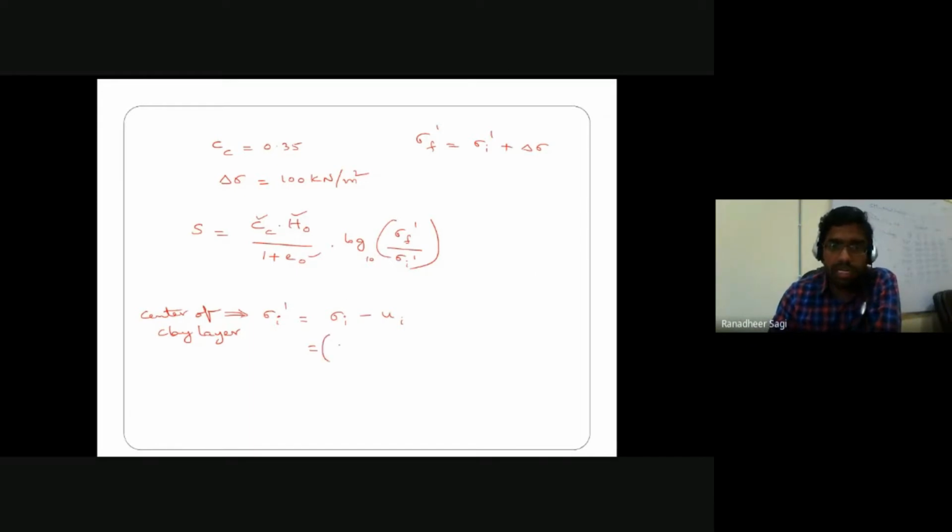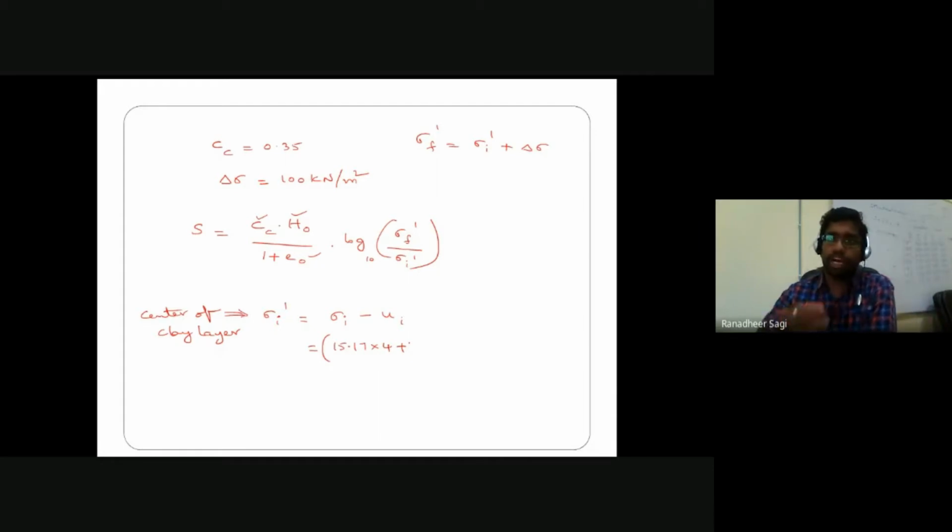I have 4 meters depth of sandy soil strata, which has a unit weight of 15.17, so 15.17 into 4, plus, because of the clay strata, since I am calculating the total stress at the center of the clay layer, and the total clay layer is 6 meters, I should calculate for 3 meters depth.